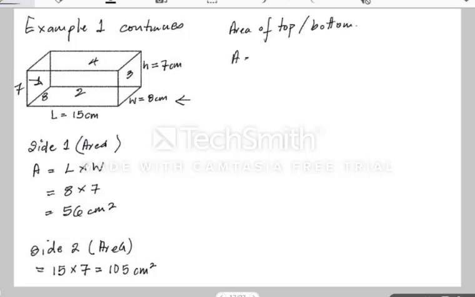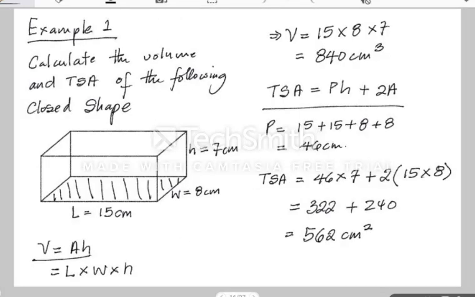The top is the same as the bottom, so the area is 15 times 8. That is 120 centimeters squared. So the total surface area, if we are correct, should be equal to the answer that we get from using the formula, which is 562.